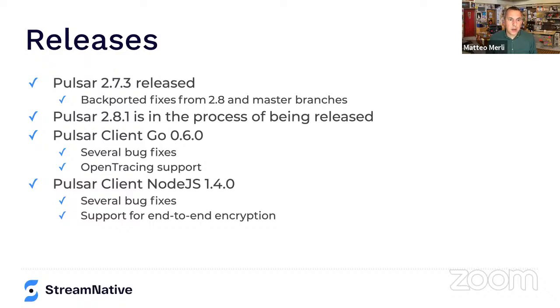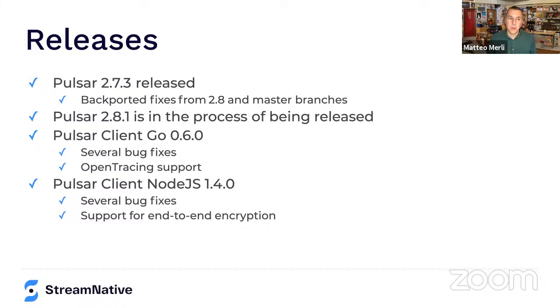On the client libraries, for the Go one we have a new release, 0.6. Again, bug fixes there, but there is also one interesting new feature, which is the support for OpenTracing. So if you want integration with OpenTracing, that's a good one to have in the Go client. And Node.js also has a new release.